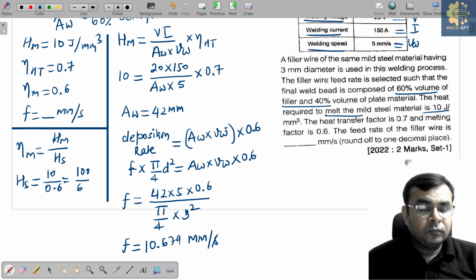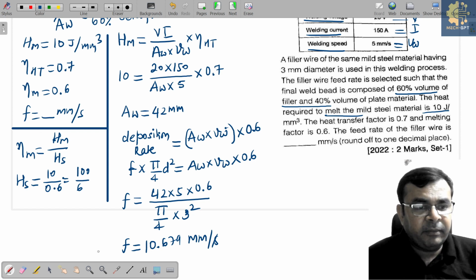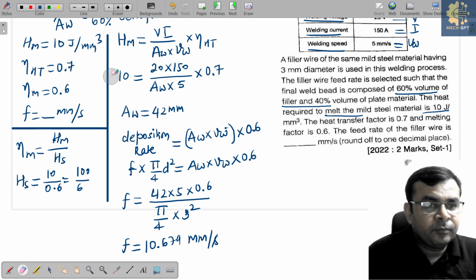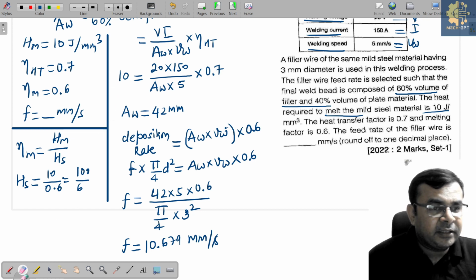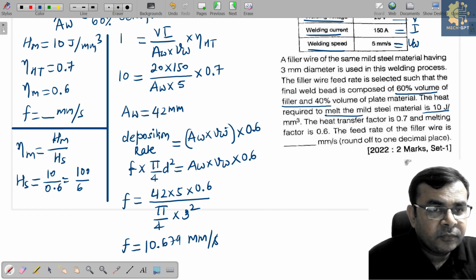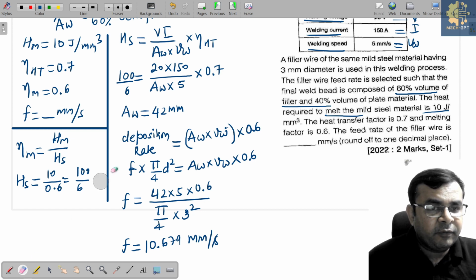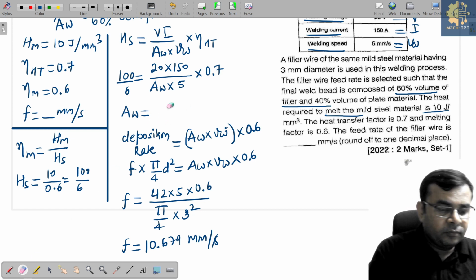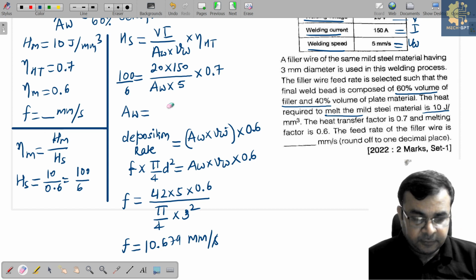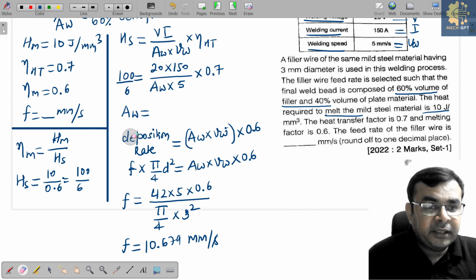Correct? Oh yes, here I made a mistake. Let me correct it. This is not HM, this is actually HS. This is HS, and this is nothing but 100 by 6. And after that, if you put this value, then here we get 25.2.